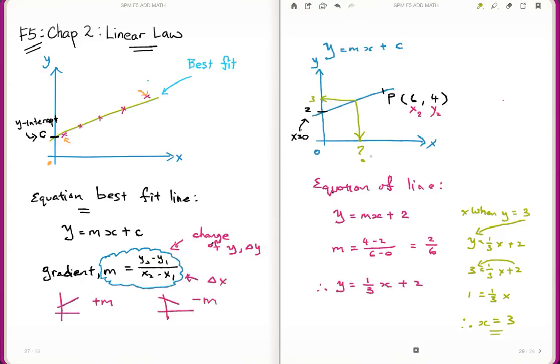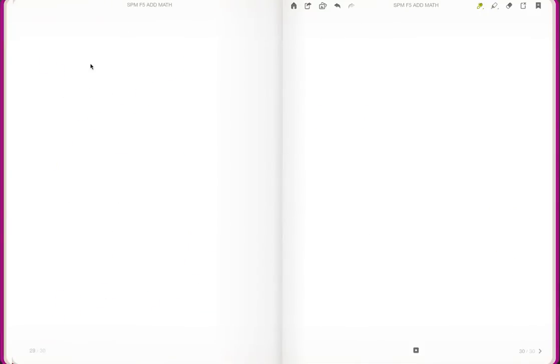So this value would be 3. The ability to look at the graph and look for the value is one of the requirements. And the next example would be what happens in the event that you were given only 2 coordinates without knowing the y-intercept.